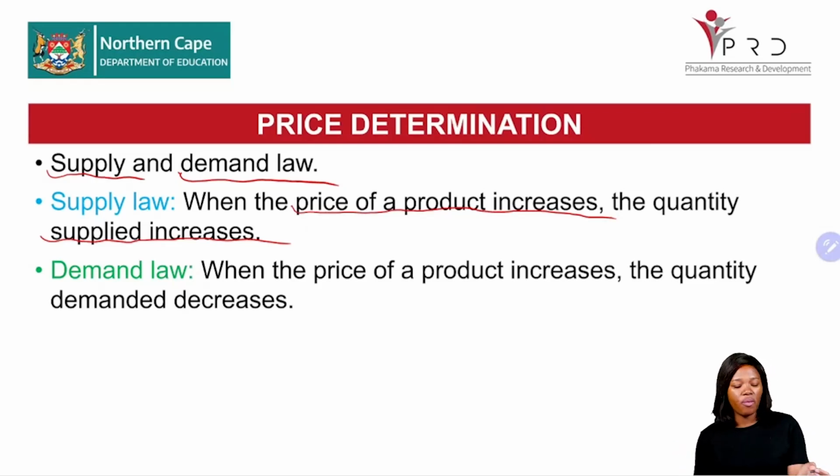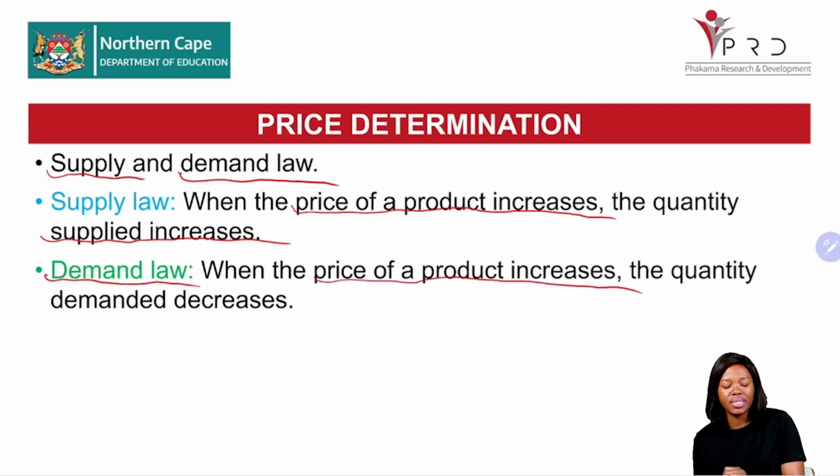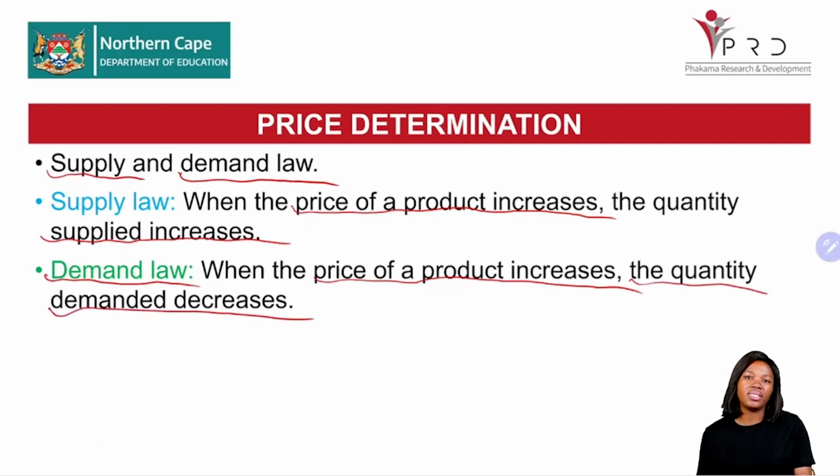And also for price determination, understand the demand law that says when the price of a product increases, the quantity demanded decreases, which indicates that these two variables are inversely proportional to each other. If the one increases, the other decreases.